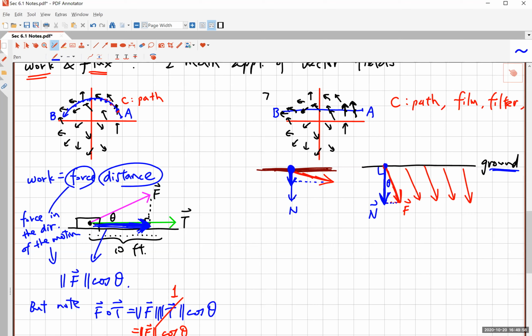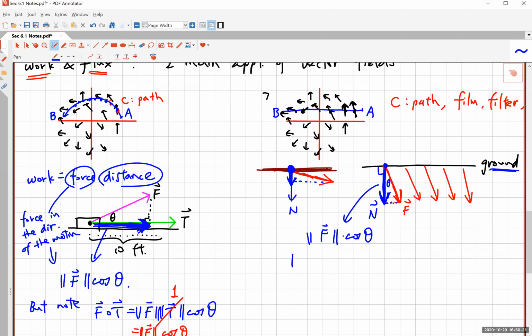Okay, well, let's try to find what this normal component is. And that's going to be very similar to what we did, okay? Because the length of this vector, the blue vector, is going to be the magnitude of capital F, which is the magnitude of the vector field, times the cosine of theta, right?